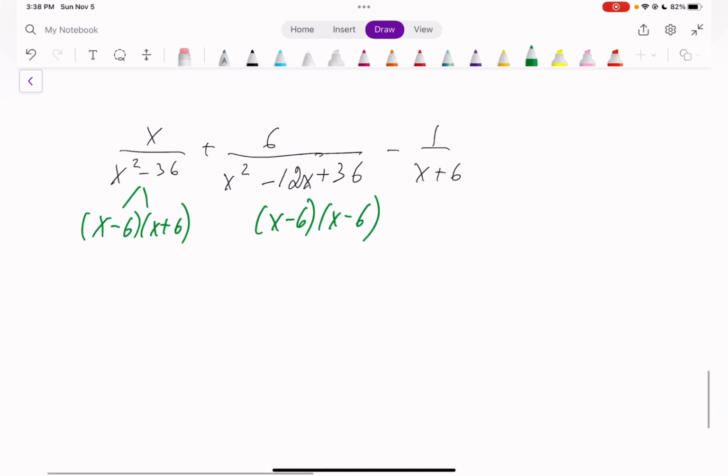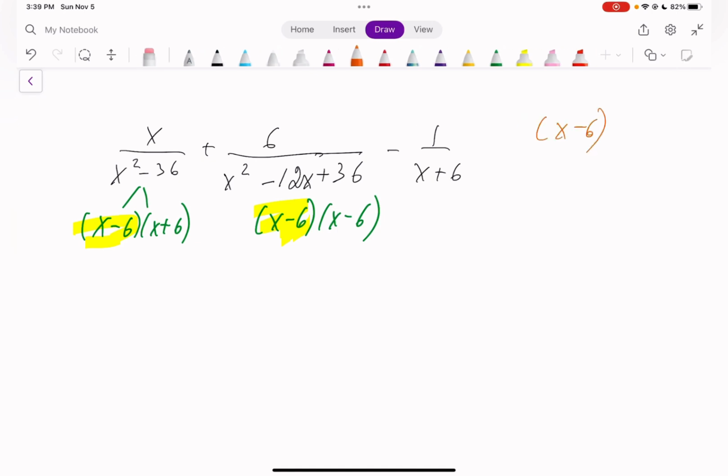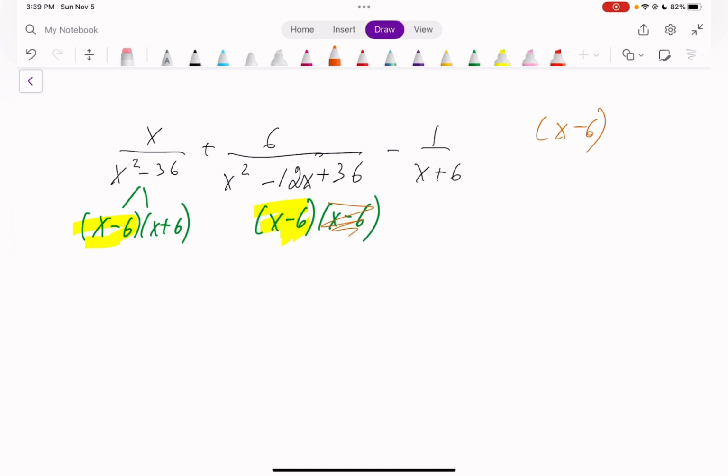So what is going to be our denominator? Let's see. We have x minus 6 and x minus 6. This is common, so I'm taking out only one x minus 6. Here we have another additional x minus 6, and x plus 6.